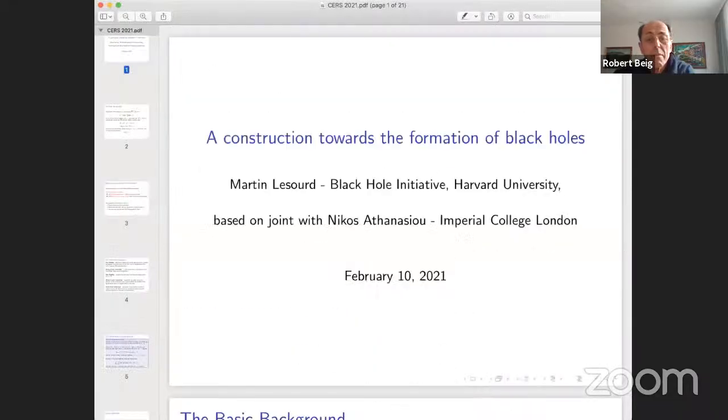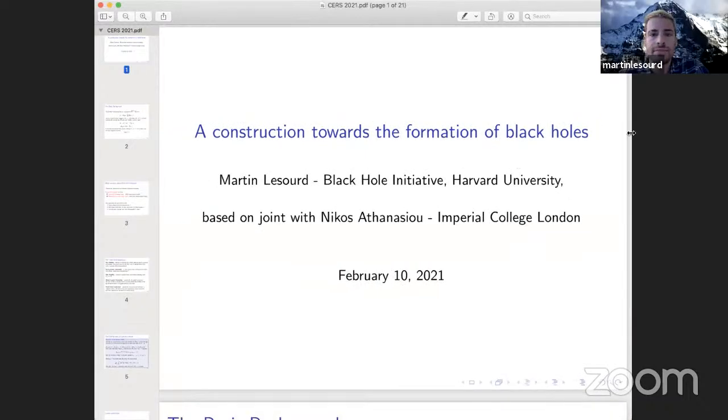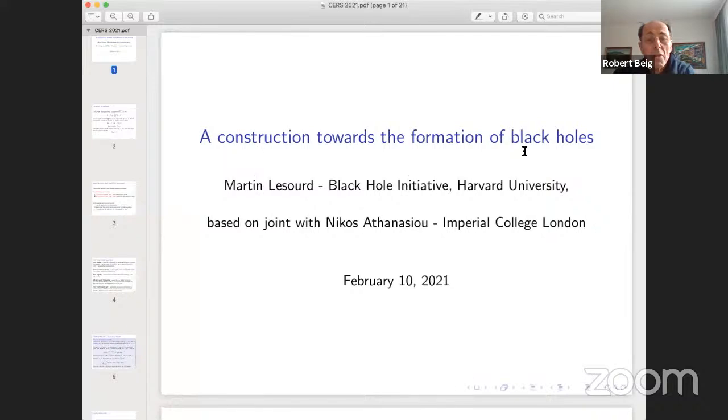Okay. You can see my screen? Yes. So this is now the third talk of the second half of this afternoon session, which is given by Martin Lesur from Harvard University, Black Hole Initiative, on the construction towards the formation of black holes.